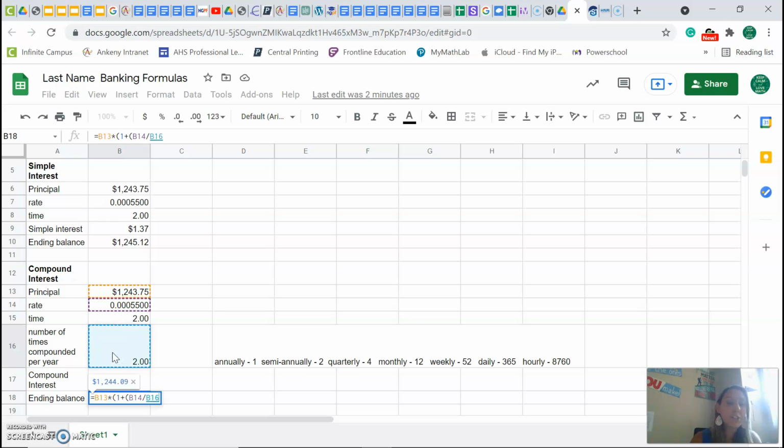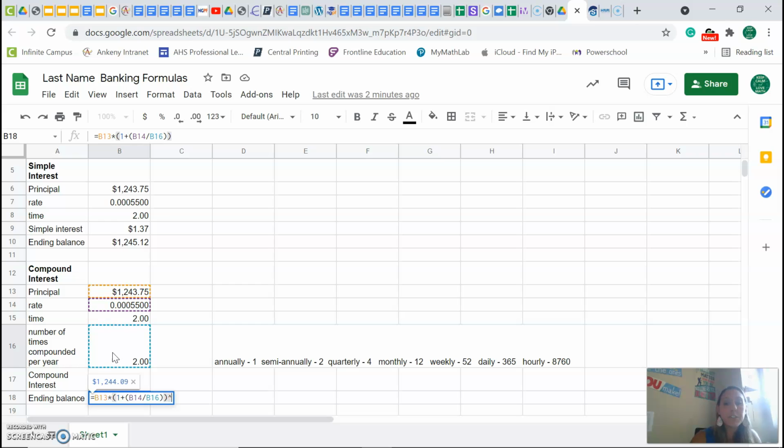And then I want to use Shift 0 to close that particular parenthesis. And then Shift 0 one more time because now I've closed all of it. So now it says 1 plus the rate divided by the number of times compounded per year.